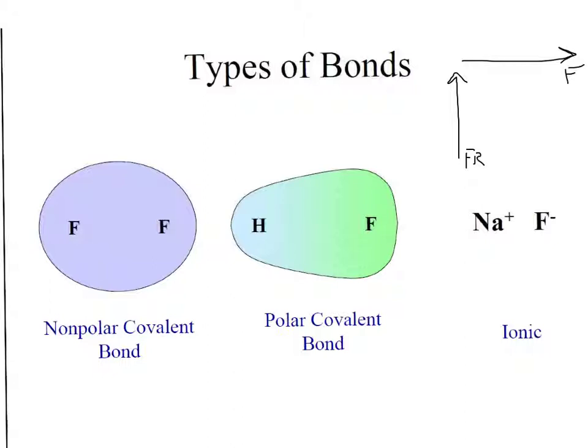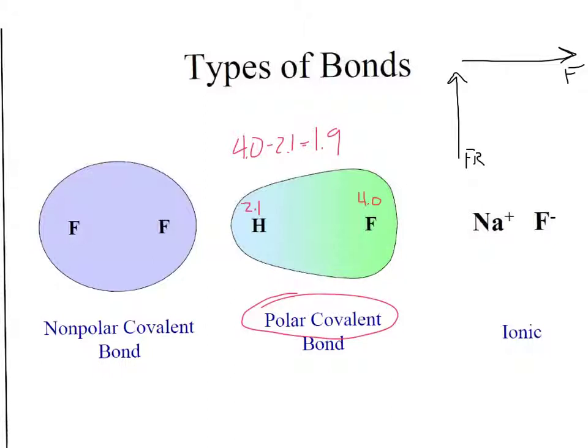If we look up the values for electronegativity, we would find electronegativity of hydrogen is 2.1 and fluorine is 4.0. So the difference between these two, 4.0 minus 2.1, would equal 1.9. That would be the electronegativity difference between those two. And if we look back at the spectrum from the last page, that would fall within the polar covalent region.